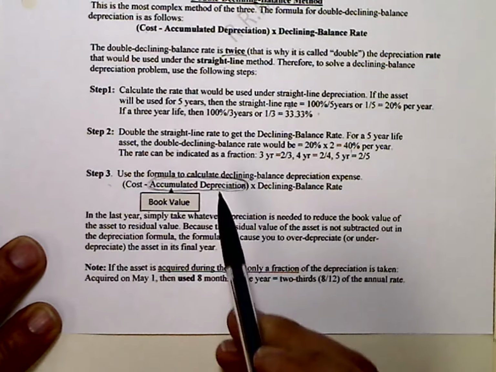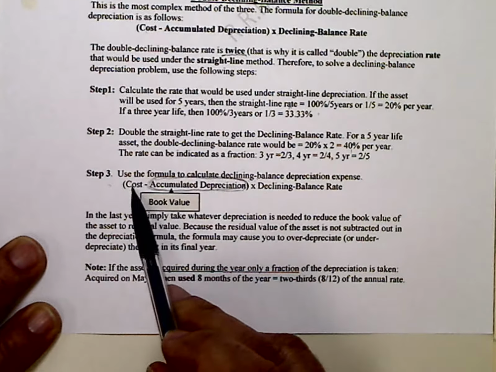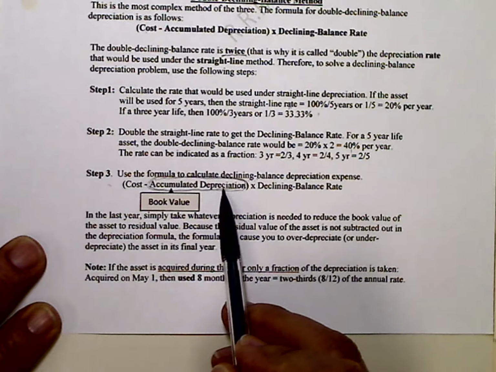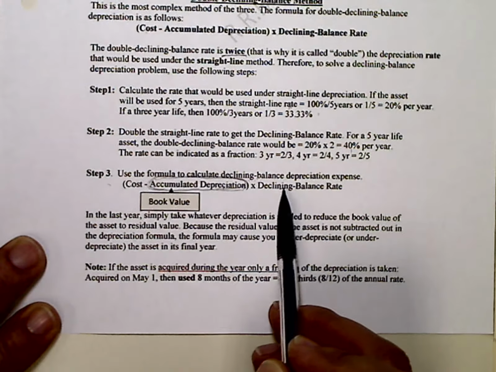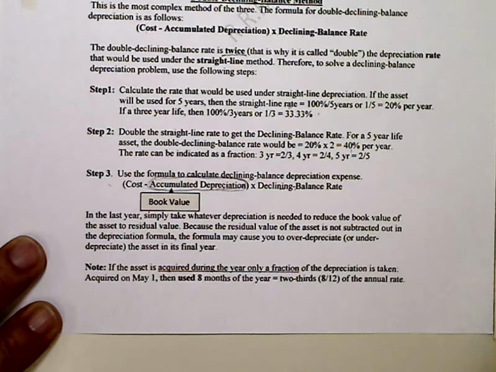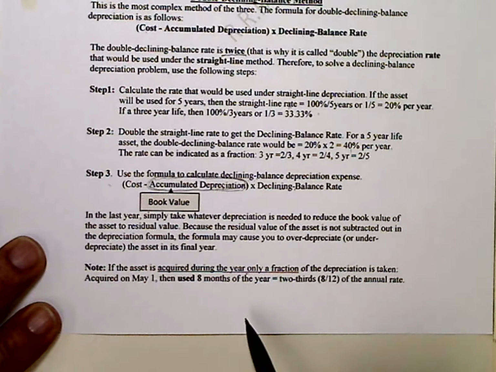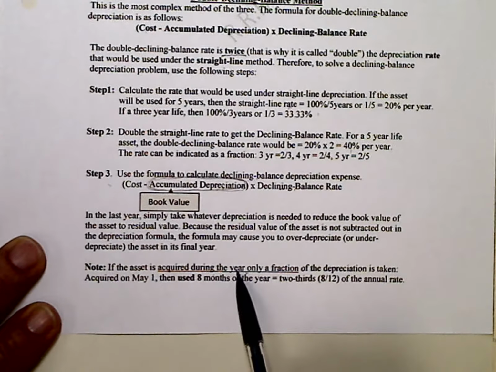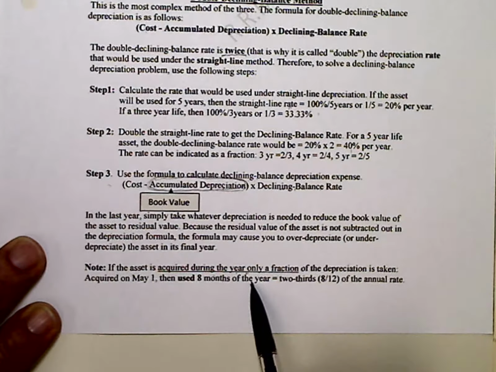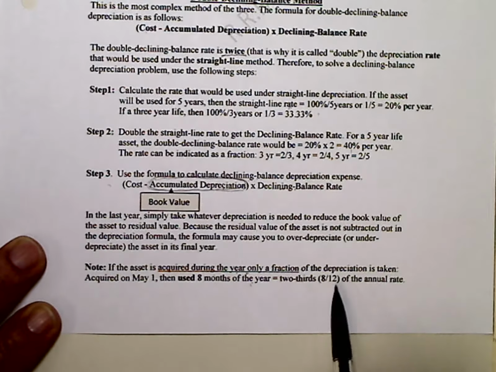Each year we'll take the cost minus the accumulated depreciation as of the end of the previous year times that double declining rate that we calculated in the previous step. And just like the straight line method, if you use it just part of a year, then you just take part of a year in depreciation.